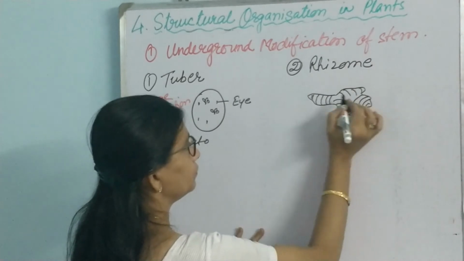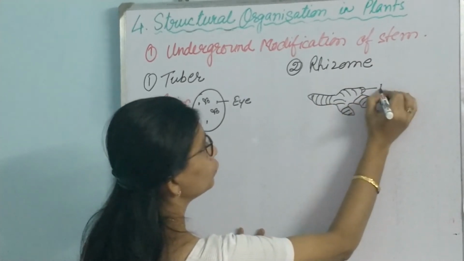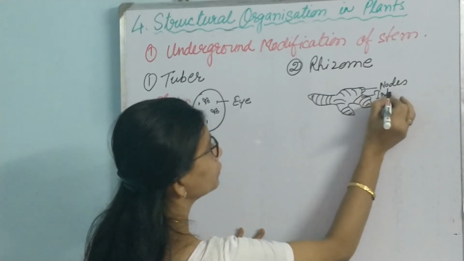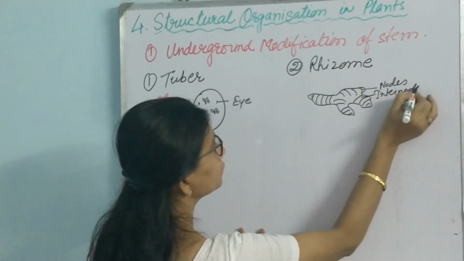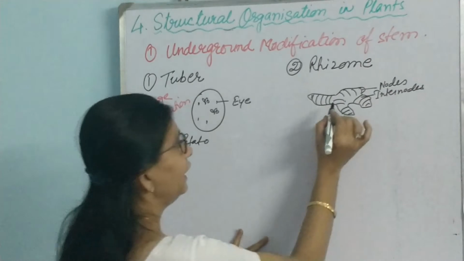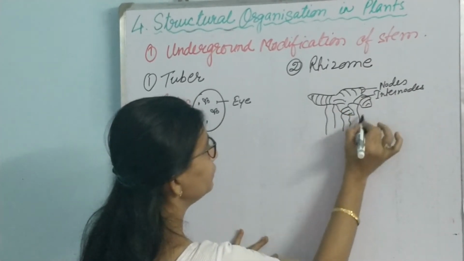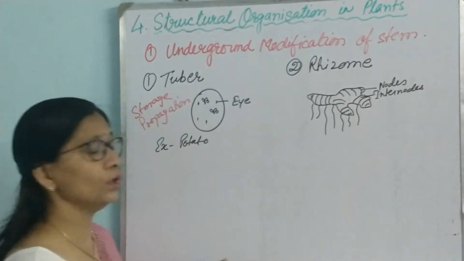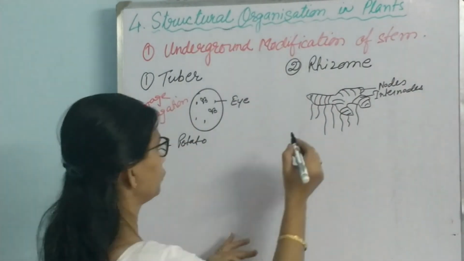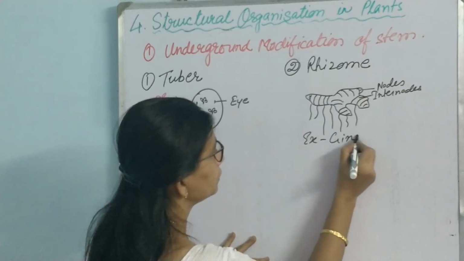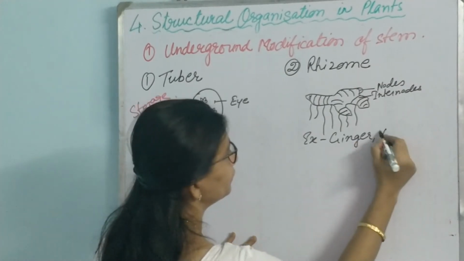So it has nodes and internodes, used for storage of food, and it also has adventitious roots. Example is ginger, turmeric.